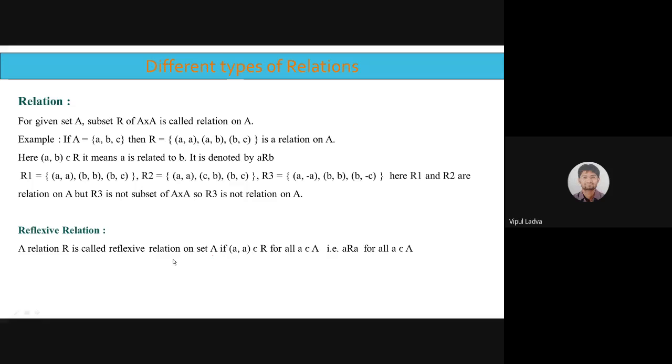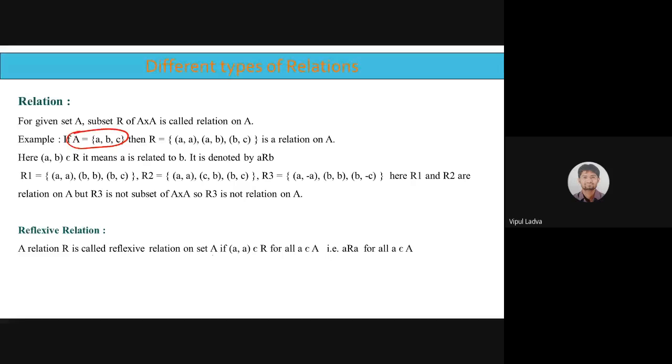Set A में जितने भी एलिमेंट हैं, सपोज सेट A में 2 एलिमेंट हैं तो दोनों को खुद से रिलेट होना पड़ेगा. If we stick with this particular example, then we need a relation like this where all these 3 elements must be connected with themselves: (A,A), (B,B), (C,C). Now, this relation is reflexive.